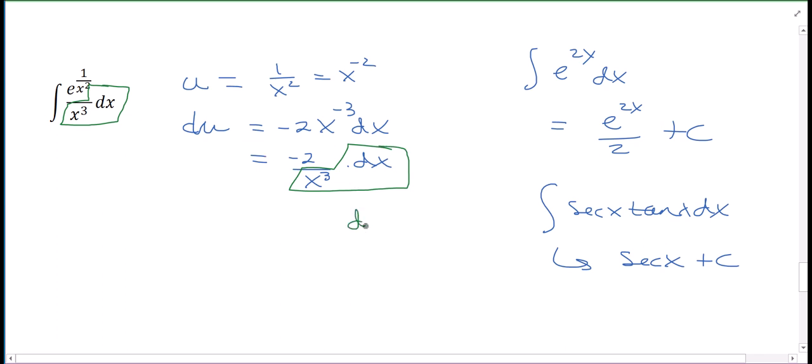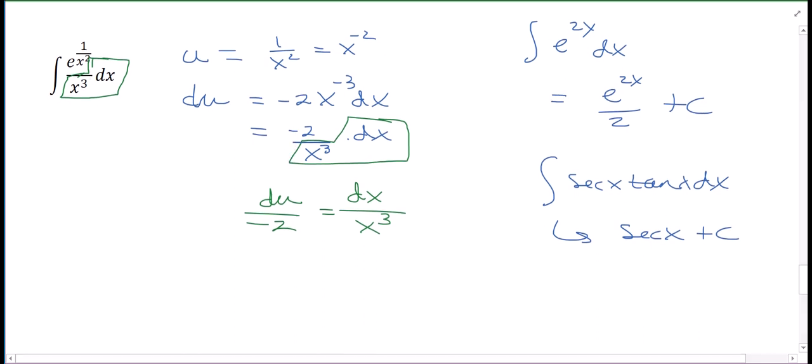So that means that dx over x cubed is equal to du over negative 2. So that's what I'm going to substitute for that little square thingy. Looks like a little Christmas stocking. So for boot. So what does the new integral become?